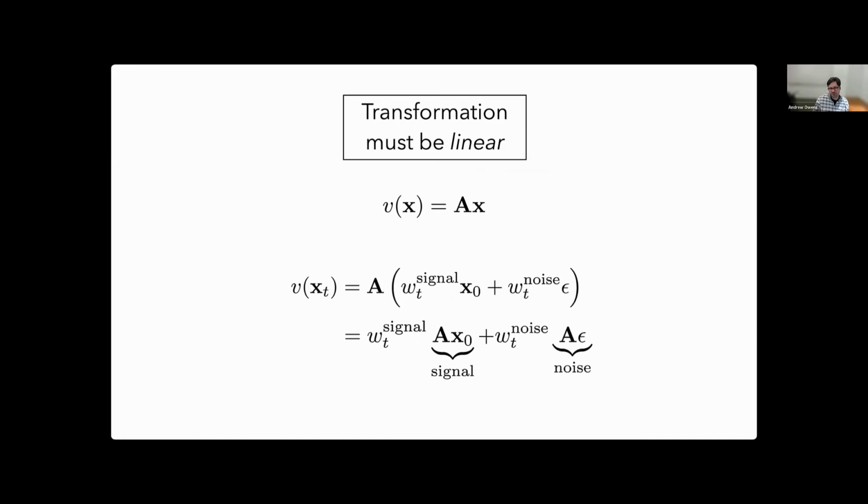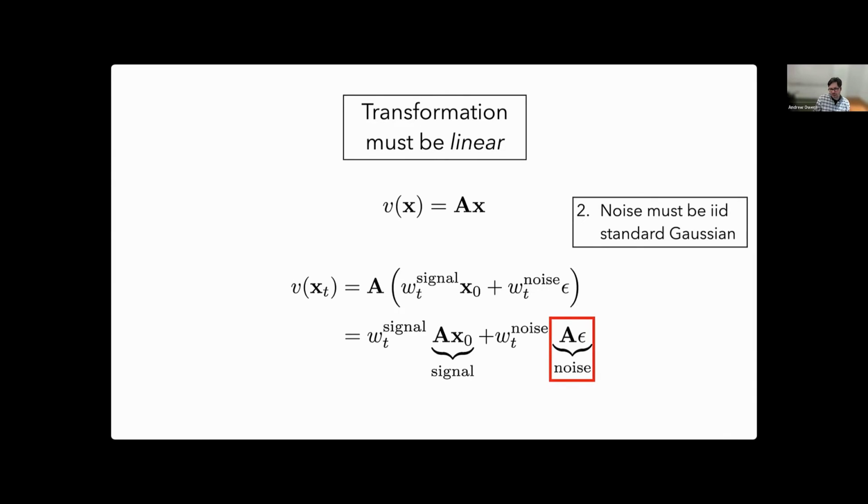Well, if we do that, we see that due to the properties of linearity, this will result in a new image that's a weighted combination of the matrix multiplied version of the input image plus the noise multiplied by that same matrix. And that's nice because there are certain types of linear transformations that when you multiply them with the noise vector will result in IID Gaussian noise.